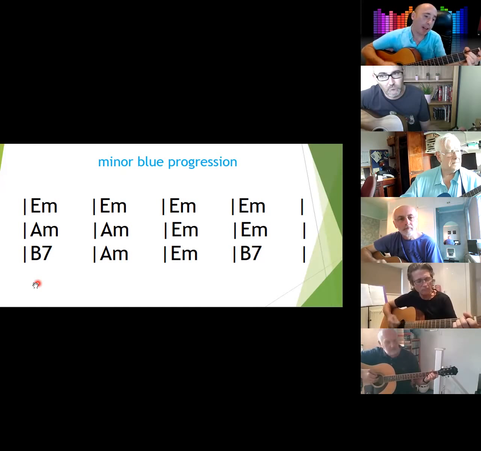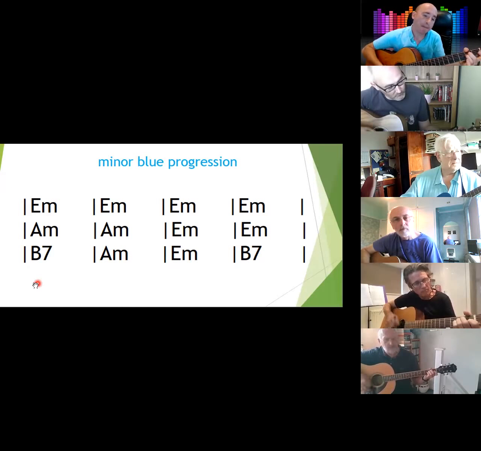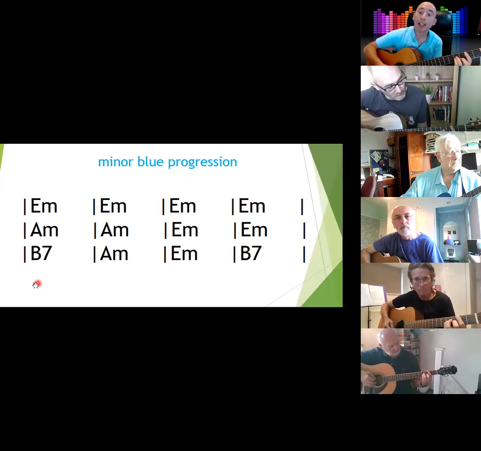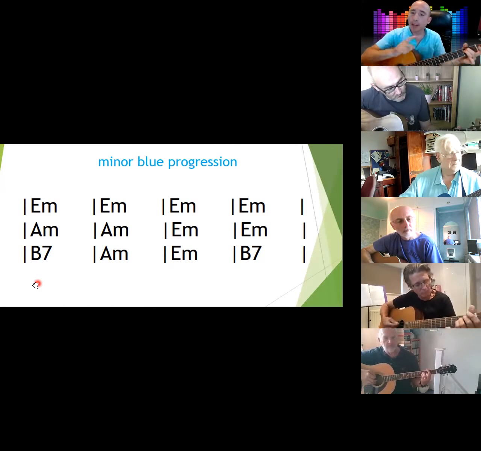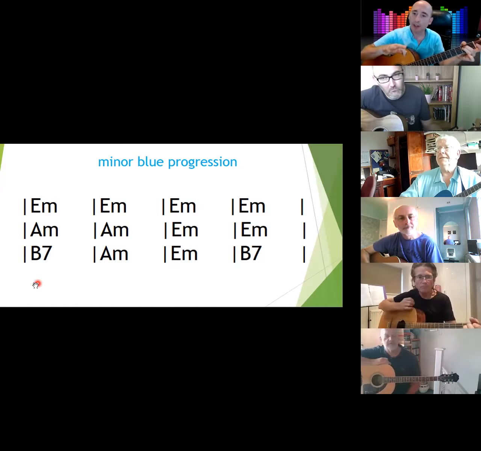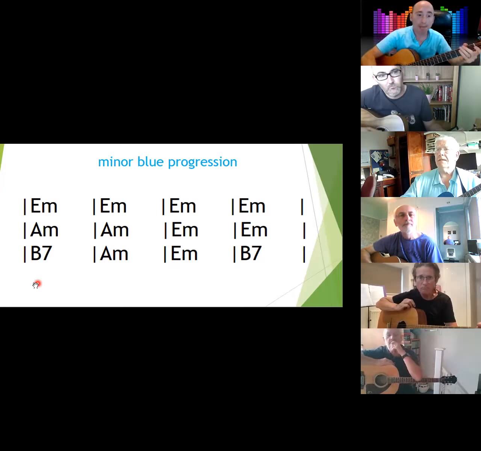To A minor now. Back to E minor. B minor. A minor. E minor. And then B minor. Resolving on E minor. Now you can hear that resolves. You can hear that's your first chord and it's a minor chord. So that tells you it's in a relative minor key.